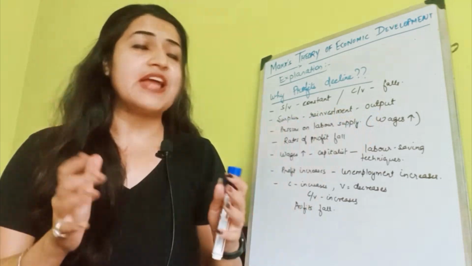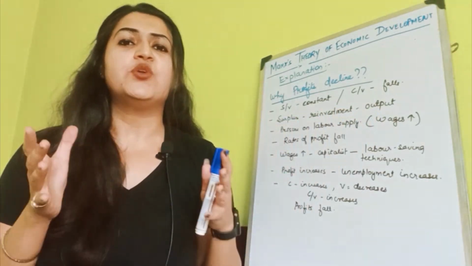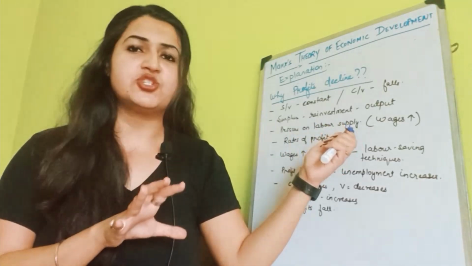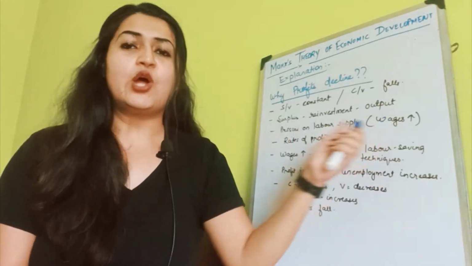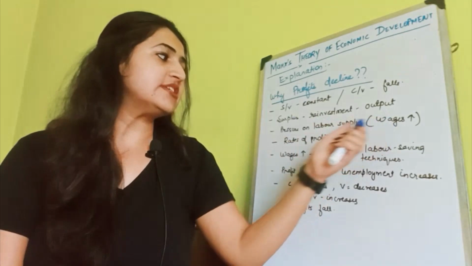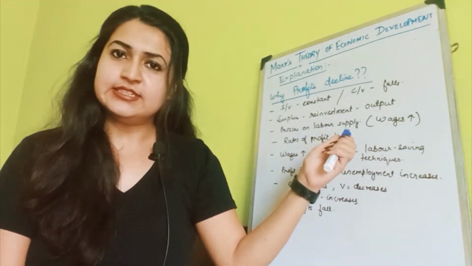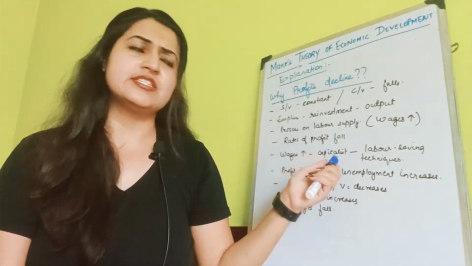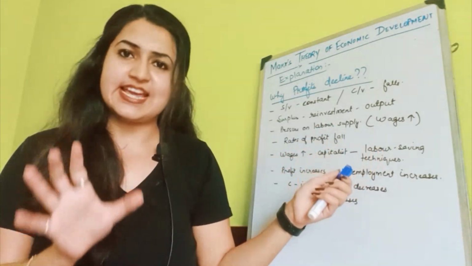Now, with the expansion of output, what happens? It creates a pressure on the labor supply, and as a result of such pressure, wages increase. Now, due to an increase in the wages, rates of profits fall. So, this increase in the wages induces the capitalist to resort to labor-saving techniques.